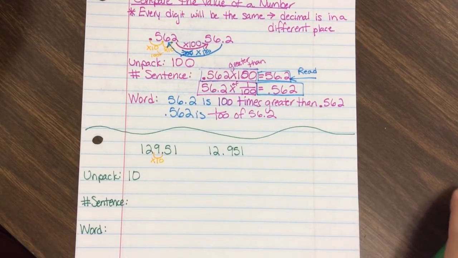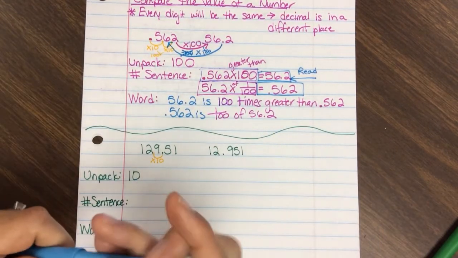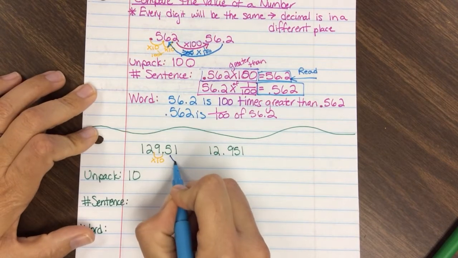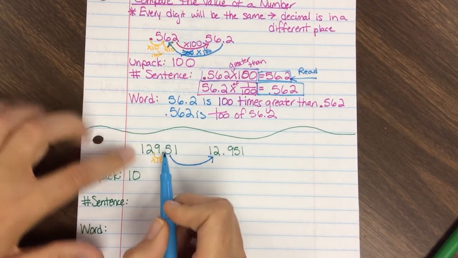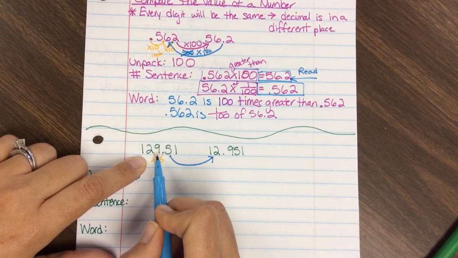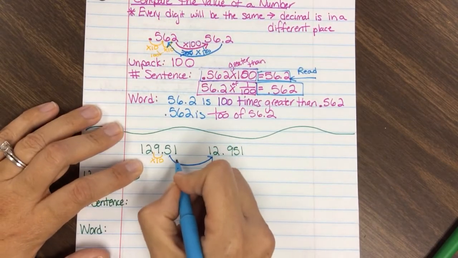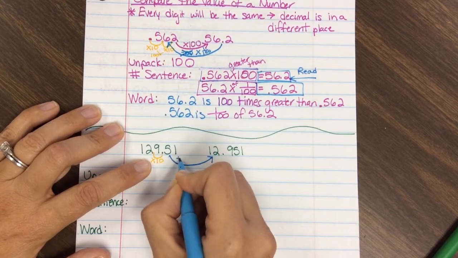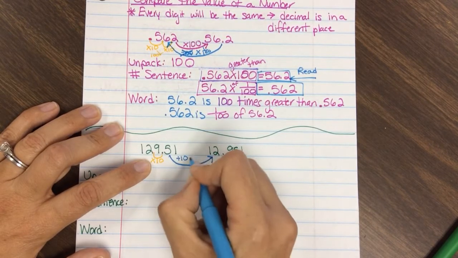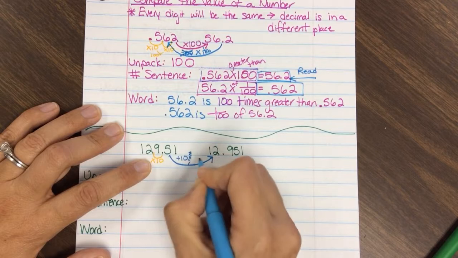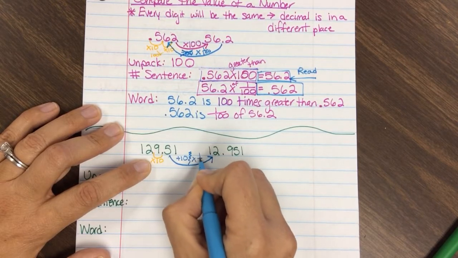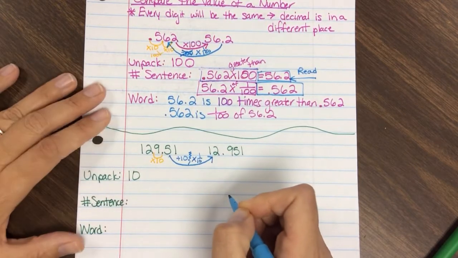Now let's figure out how that actually works. If I start here, I want to make this. This number, 129, is greater than this number, so I'm going to make it smaller. I would have to divide by 10, which is the same thing as multiplying by 1/10. Those are the same.